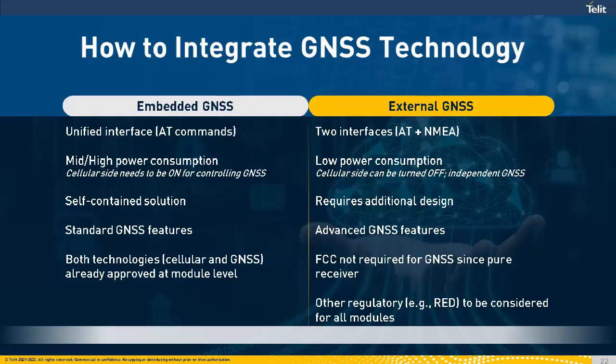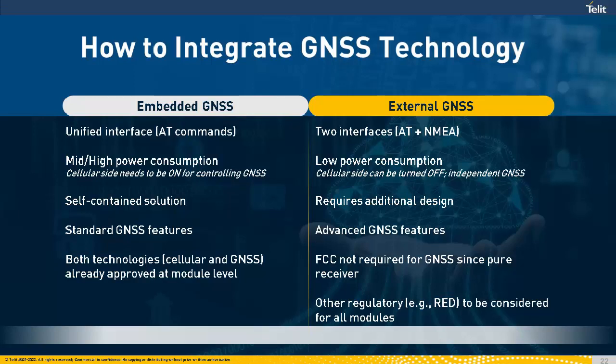In fact, the majority of Telit cellular modules now have an embedded GNSS device, or depending on your application, you may want to use an external GNSS module. There are a few advantages of each solution. The embedded GNSS on our cellular device offers a unified interface with the AT commands.